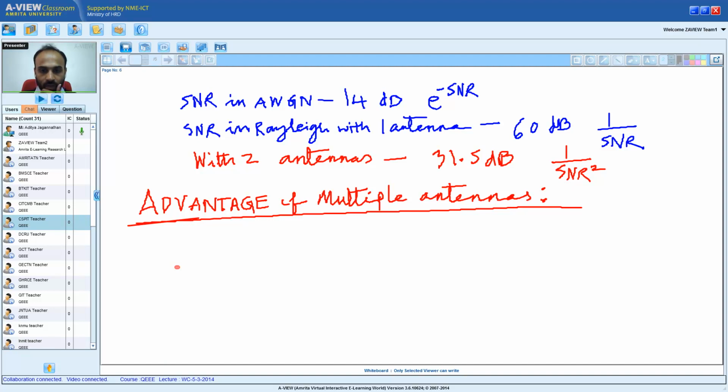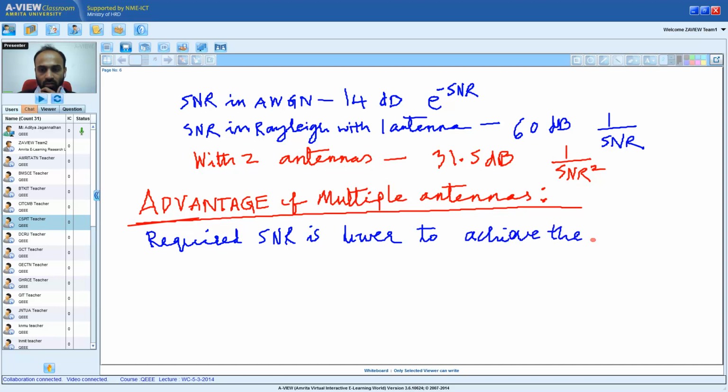So the advantage of multiple antennas is that the required SNR is lower to achieve the same bit error rate. Therefore, multiple antennas are able to overcome the problem of fading in wireless communication systems.